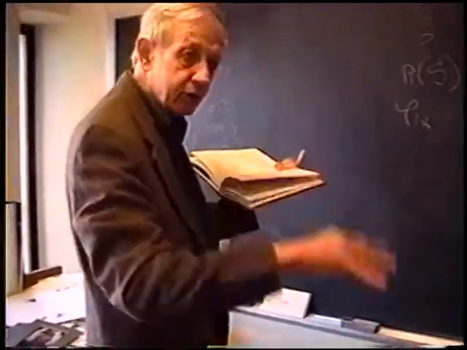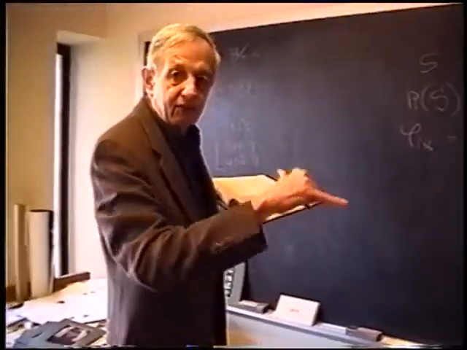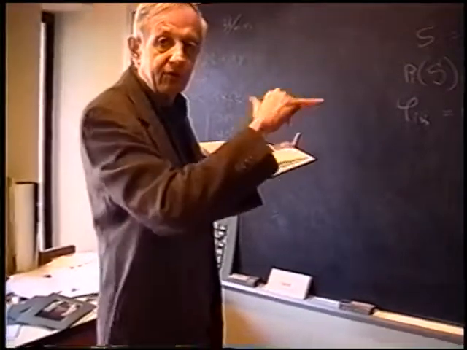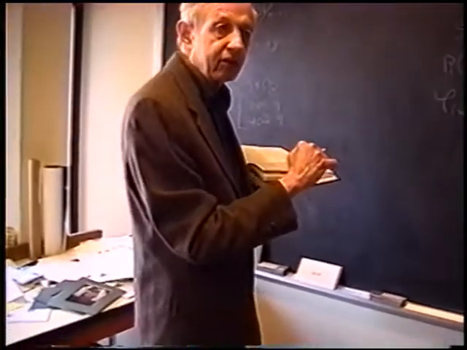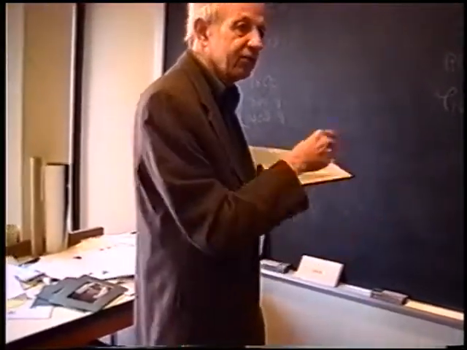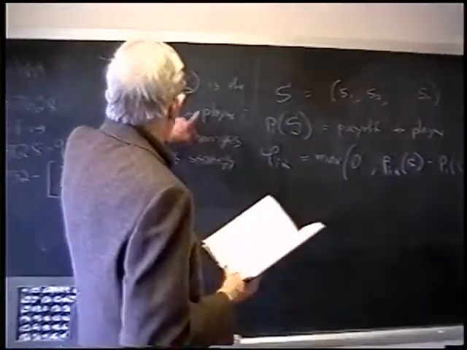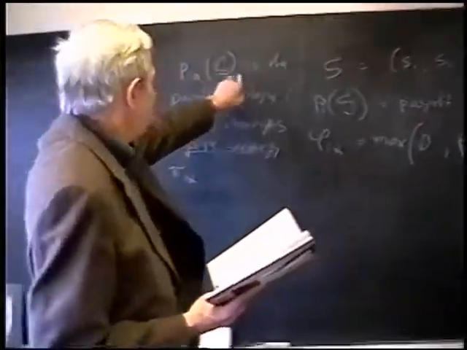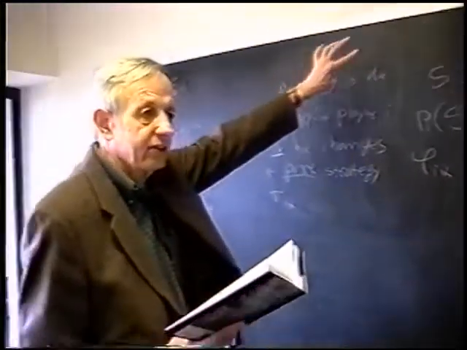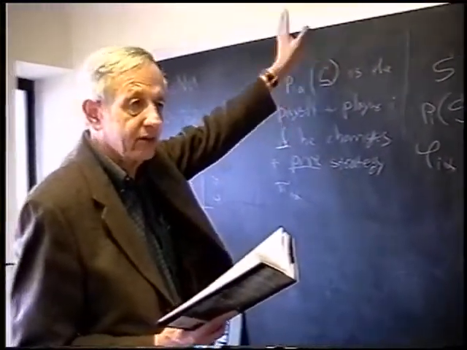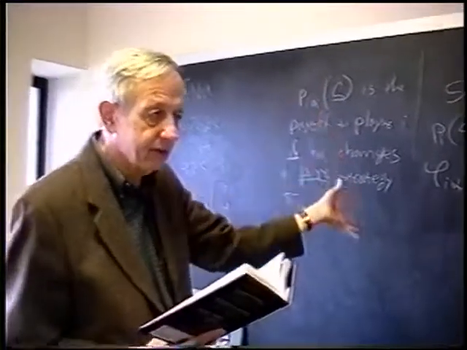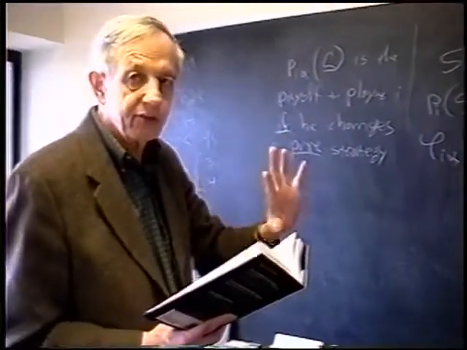πi is the payoff to player i, resulting from this whole set of strategies. Right. Everyone is behaving in a certain way, we just specify the probabilities of their strategies. So what happens? Well, each of them gets a payoff resulting from that. So if you start out, player i is playing a mixed strategy, all the players are playing mixed strategies, some probability of this, some probability of that, but that's fixed.